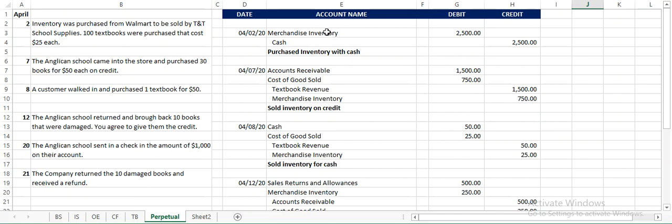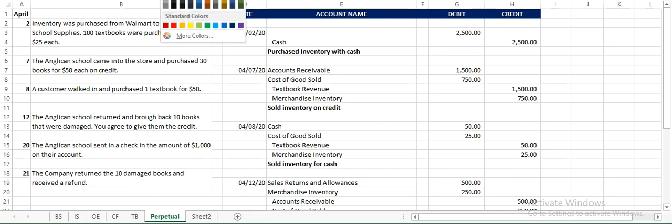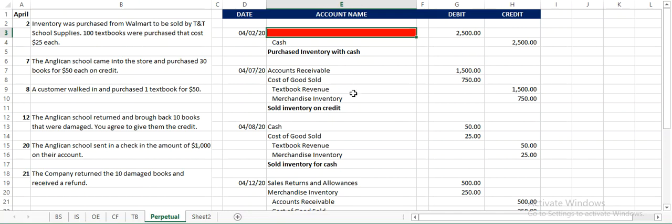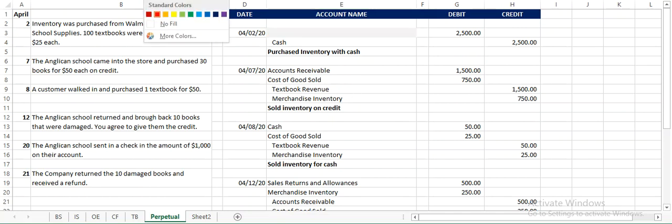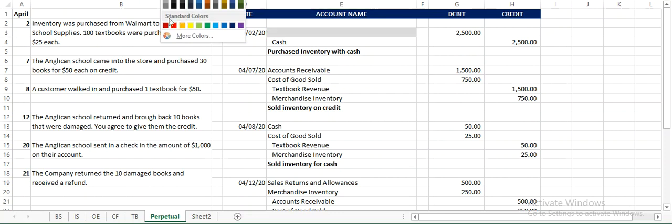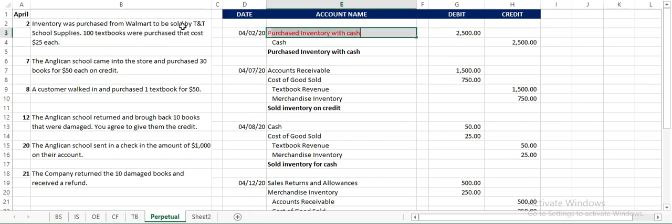Underneath the periodic system, they don't have an account called merchandise inventory. The account name is called purchases.